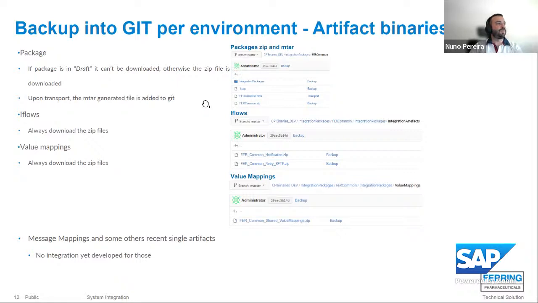And upon transport, we are using CTMS, and I will come into details on that later. When we transport, we generate an mtar file, and we also commit it to Git, so we keep track of what is being transported. You can see below that some more recent artifacts are not yet included.